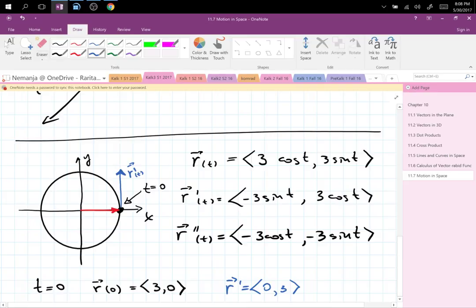So the red one points to show where the object is, and then you create a new set of coordinate axes at the location where the object is. You regard that as 0, 0, and you draw a velocity vector and acceleration vector from that point. That leaves us with a purple r double prime, which is negative 3, 0. Negative 3, 0, again, from the object is going to be this way.